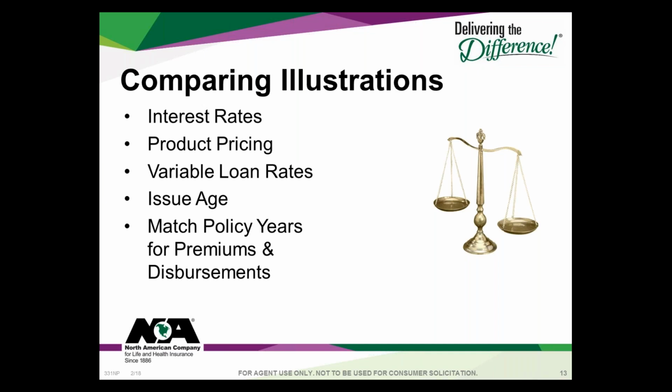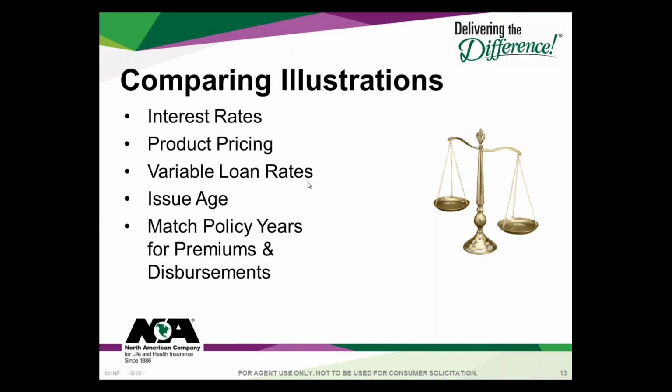The rate we're showing, assuming that they're getting their index performance, and the rate we're charging them on their variable loans. If it's positive, where they're getting more than they're being charged, that's positive arbitrage. And the most we can illustrate is 1% positive arbitrage, even though in real life they could get significantly more or less than that. So you want that variable loan rate to be as close to that 1% as you can.